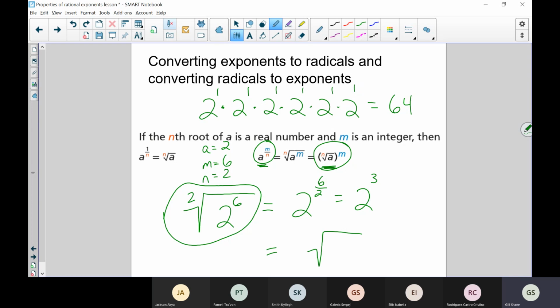So I see what my A is. Well, my A was 2, so that needs to be the base. Now I'm putting parentheses around this, which does make a difference. Hopefully you guys did that. What is my n value? Well, my n value is also 2. And then I'm taking that.